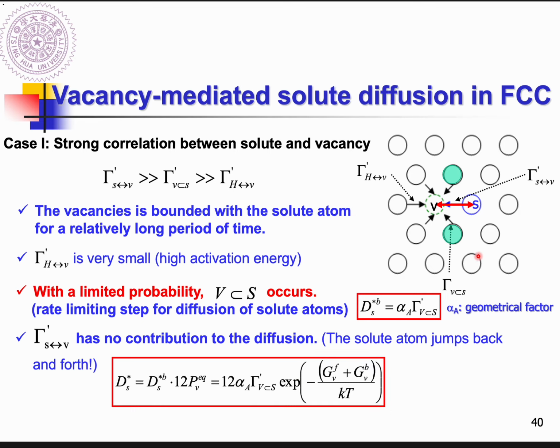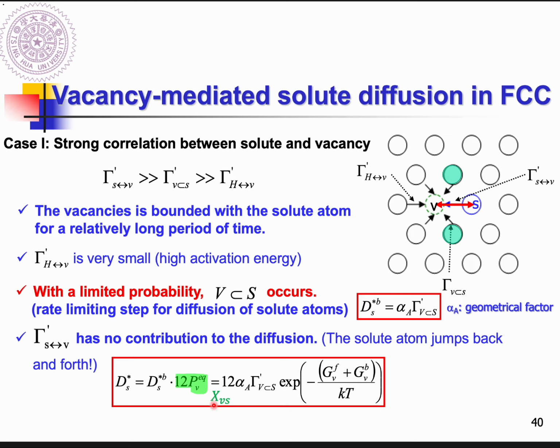When we try to formulate the diffusivity of the solute, it would be the diffusivity of the solute atom bound with the vacancy. But don't forget, we also need to account for the probability of finding this solute and vacancy pair. Because they are a pair, they are a group, right?